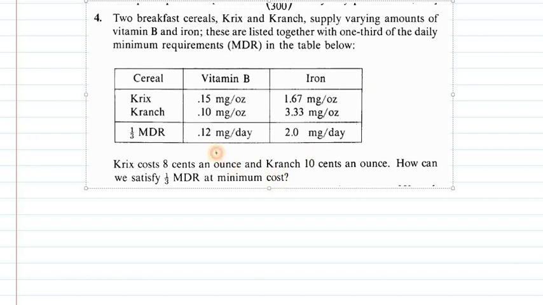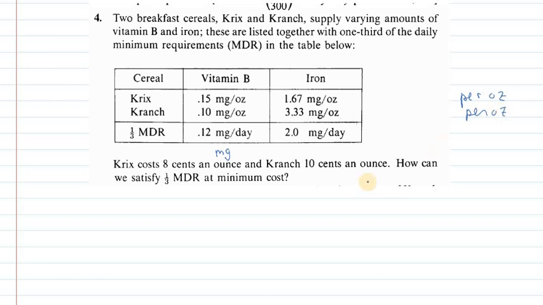So we're going to have mg down here for the units here, and then here we're going to have per oz, or per ounce, here. And you can see that those units work out. Now here we have, instead of per ounce, we have per day. So far we only have the constraint information.